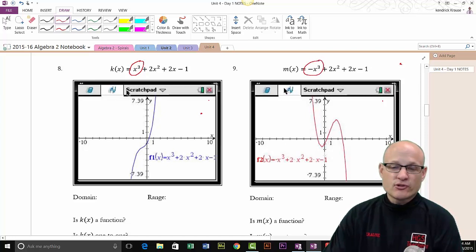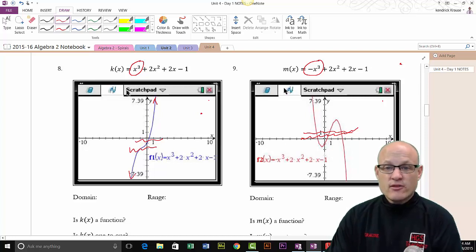Now, I'm not so much concerned about all this little craziness in the middle here. What I'm interested in is this end behavior. This is going up. This is going down. This is going up here, and this is going down. What do you notice?